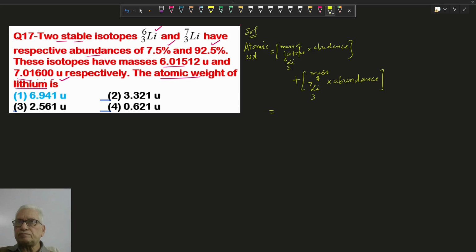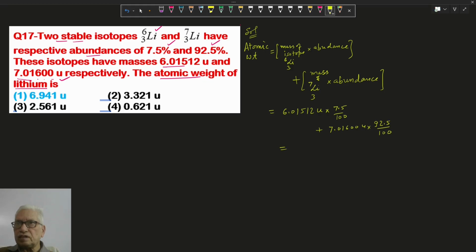We solve with the mass of isotope lithium 6. It is 6.01512 U, and the availability here is 7.5%. Mass of lithium 7 is 7.01600 U, with percentage availability 92.5%.